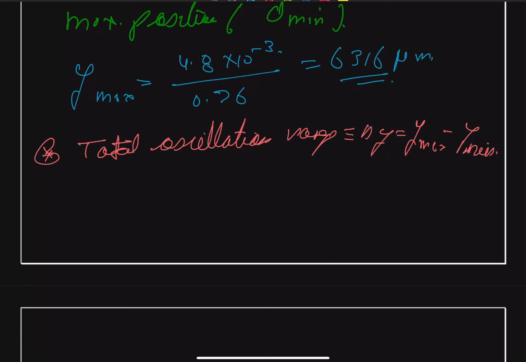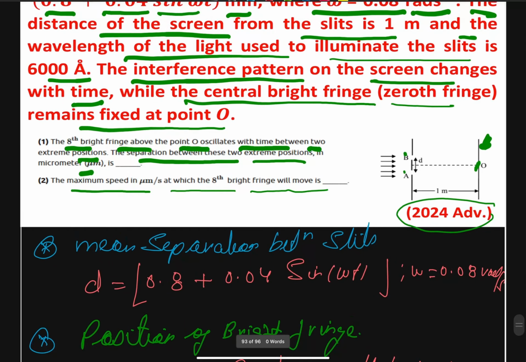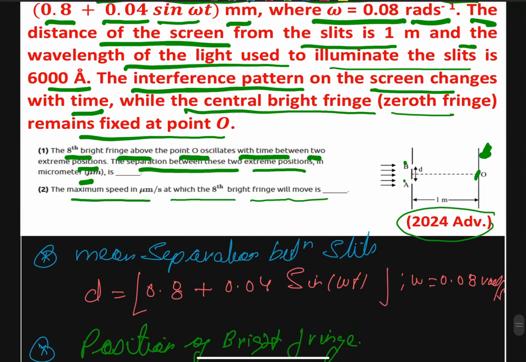We substitute the values, and we get delta of y equal to 6316 minus 5714, which gives us 602 micrometers. So the first part is done.